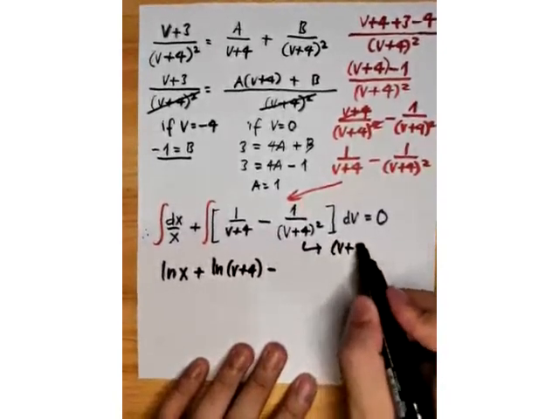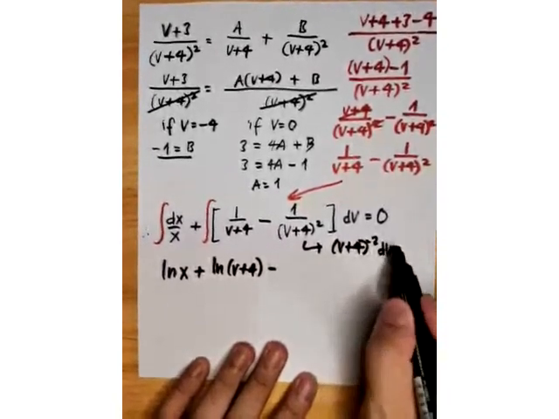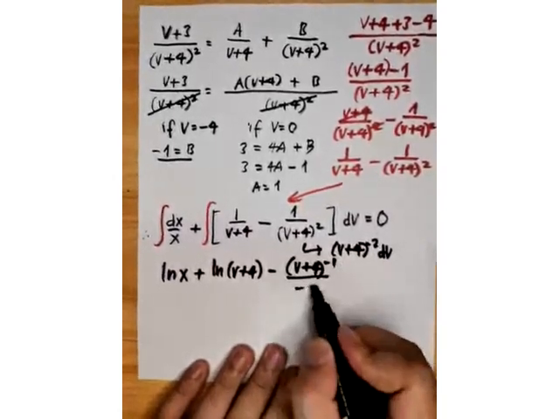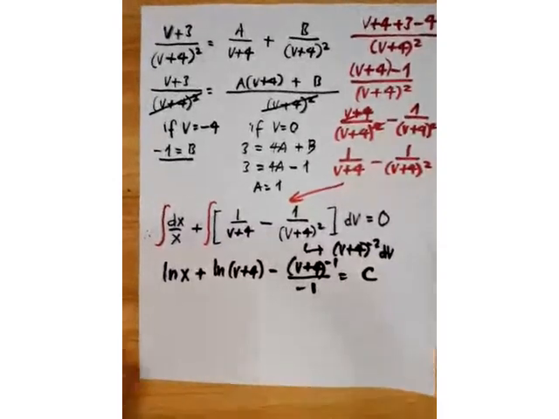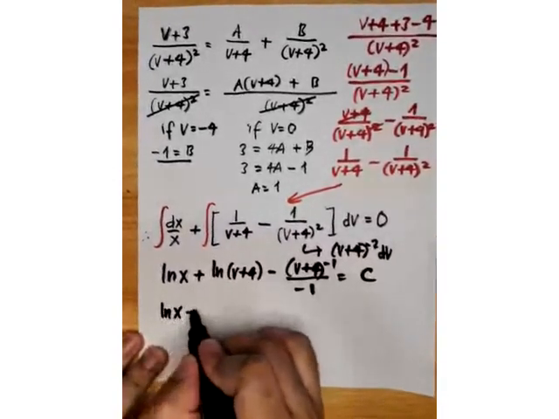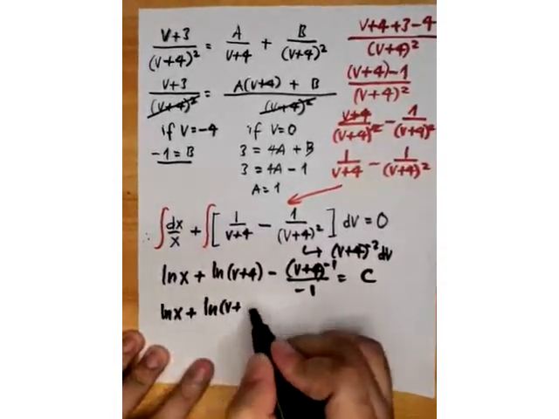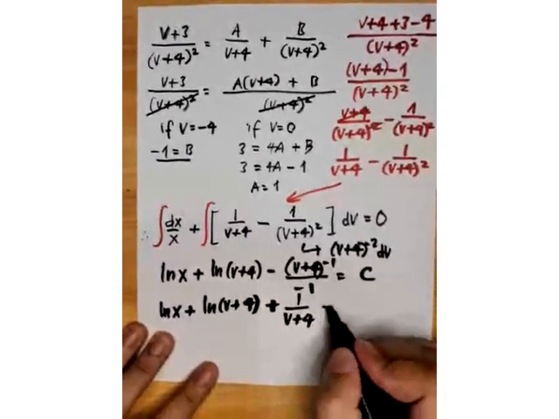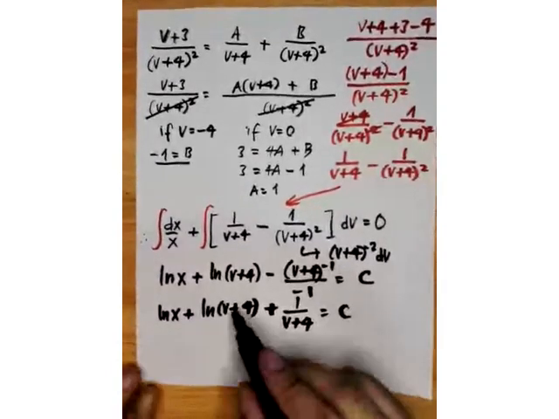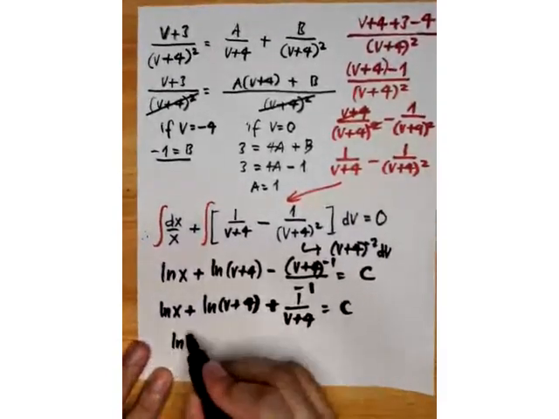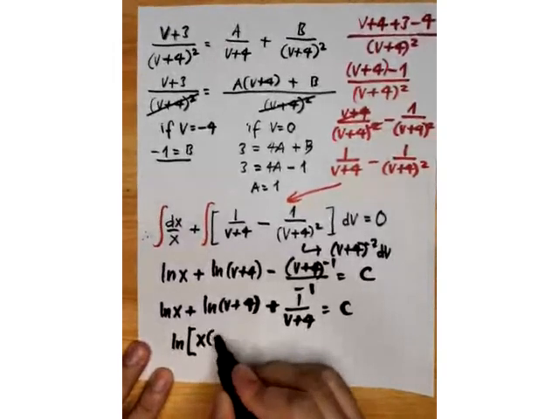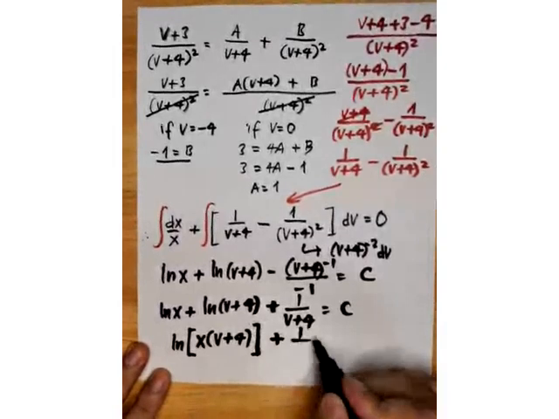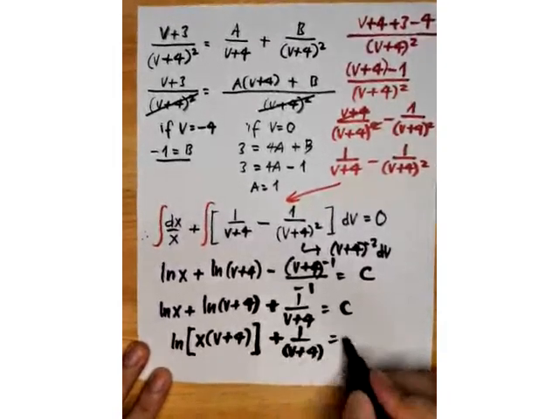So we'll have v plus 4 raised to negative 2 dv. So that's v plus 4 raised to negative 1 over negative 1. So that's equal to c. Or we can write this as ln of x plus ln of v plus 4 plus 1 over v plus 4 is equal to c. Okay, so let's simplify yung dalawang ln. So that's equal to ln of x times v plus 4, plus 1 over v plus 4 is equal to c.